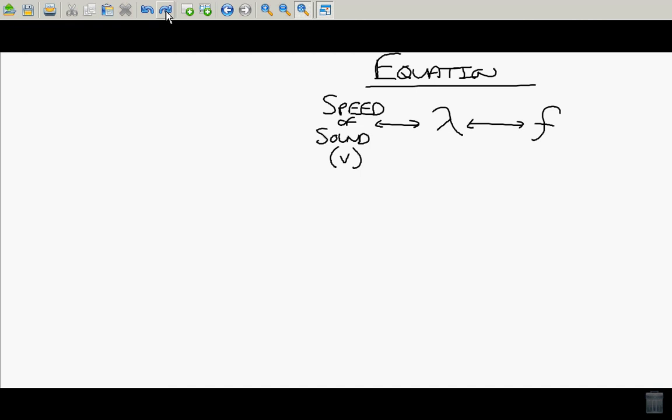So we'll take a look at an equation you guys are pretty familiar with, which is velocity equals distance divided by time. And what we can see is that if we split up distance and time into two fractions, which would actually mean that we're multiplying them, and this is something you've probably seen in algebra before, then what we're left with is 1 over time multiplied with distance over 1.